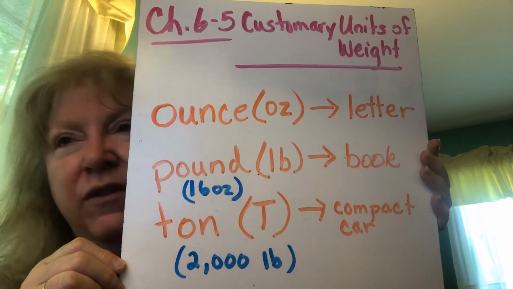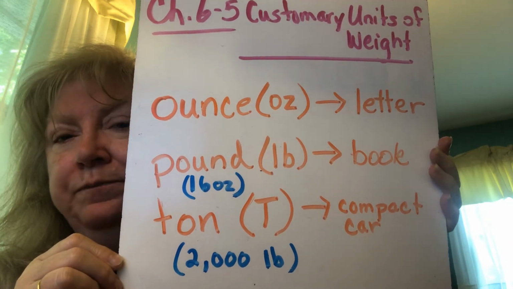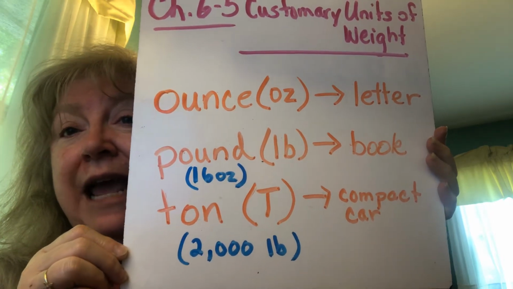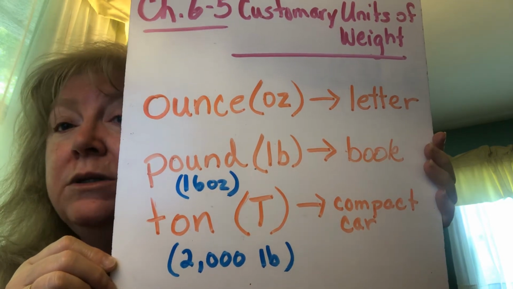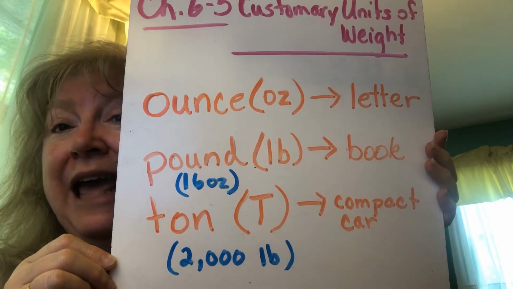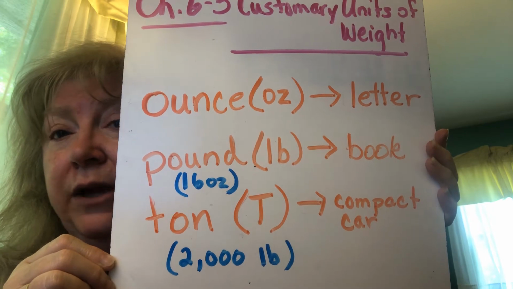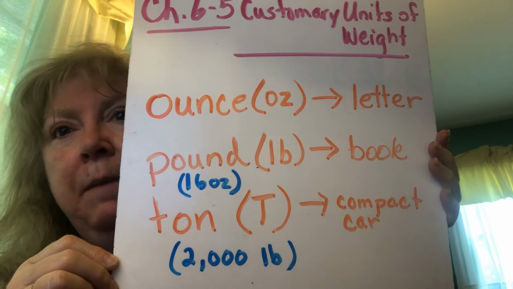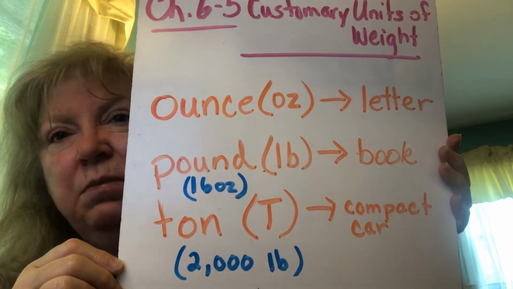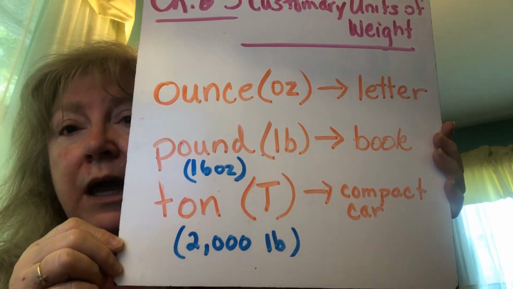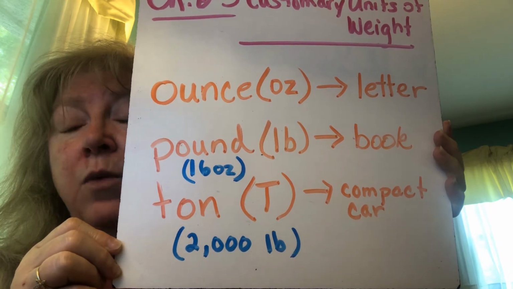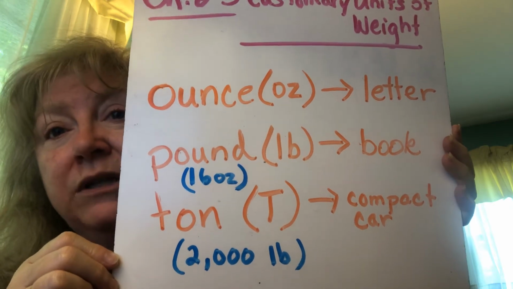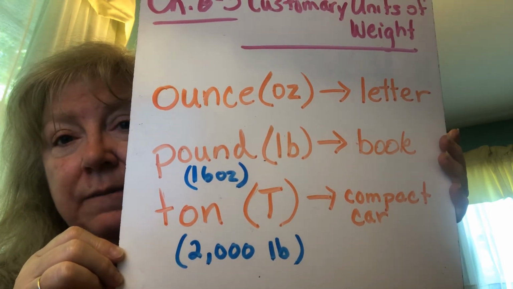A normal letter, even the long envelopes, would be about an ounce, just so you get an idea of how much an ounce is. The next unit would be a pound. A pound is abbreviated LB, lowercase letters. Ounces is lowercase letters too. A book might be about a pound. Your math textbook might be about a pound. Then a pound equals 16 ounces.